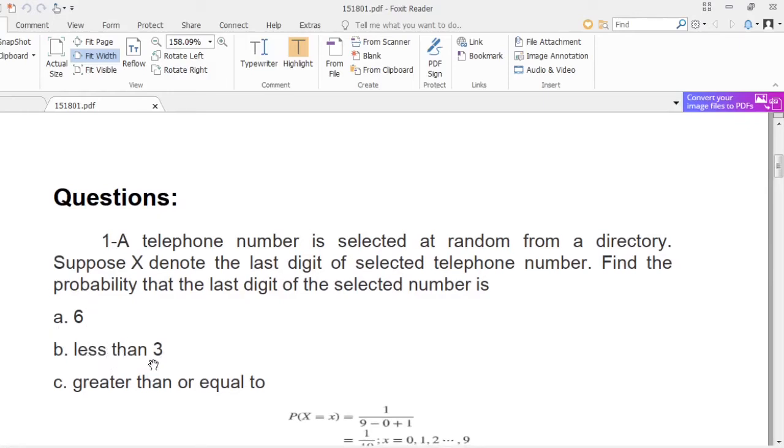For B, less than 3 means 0, 1 and 2. We get each one's probability, which is 0.1, and sum them, so you get 0.3.